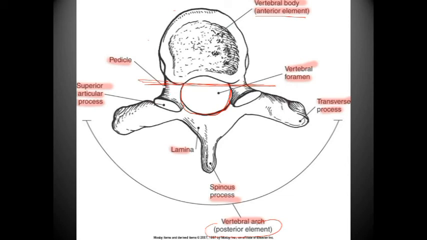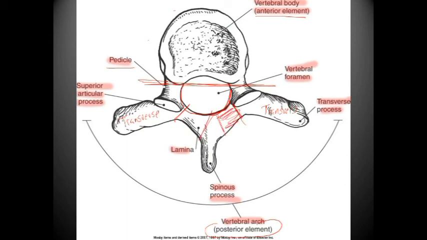To make up the first segment of the arch, we have the pedicle, and then we have the transverse process here, and this is bilaterally. And then to connect from the transverse process to the spinous process, we have the lamina, which is this area here.